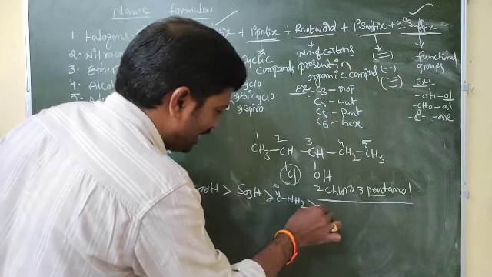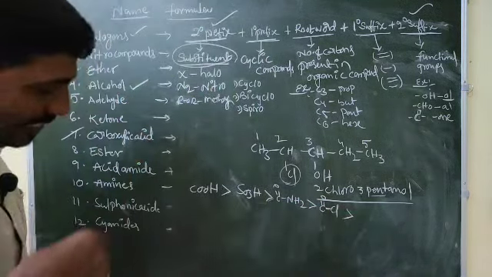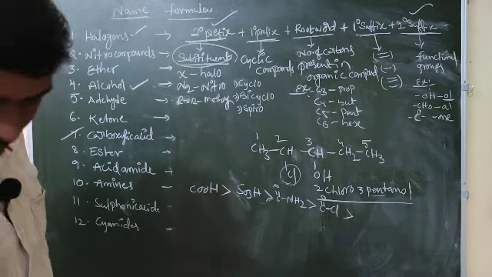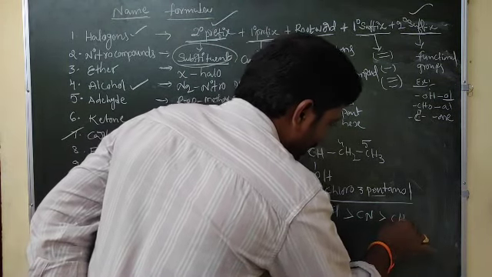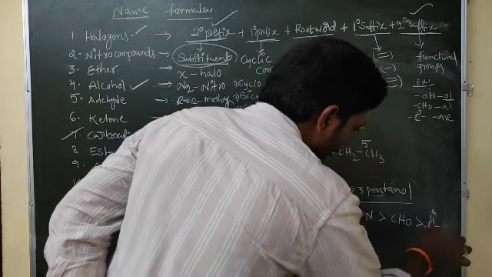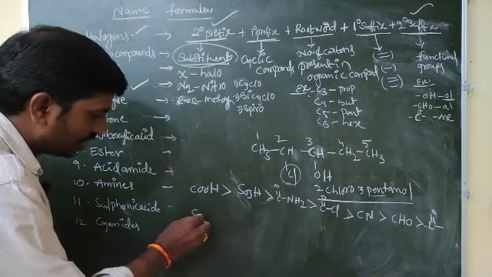After that, acid chloride, C double bond O Cl, then cyanide, then aldehyde CHO, then ketone C double bond O, then alcohol OH.